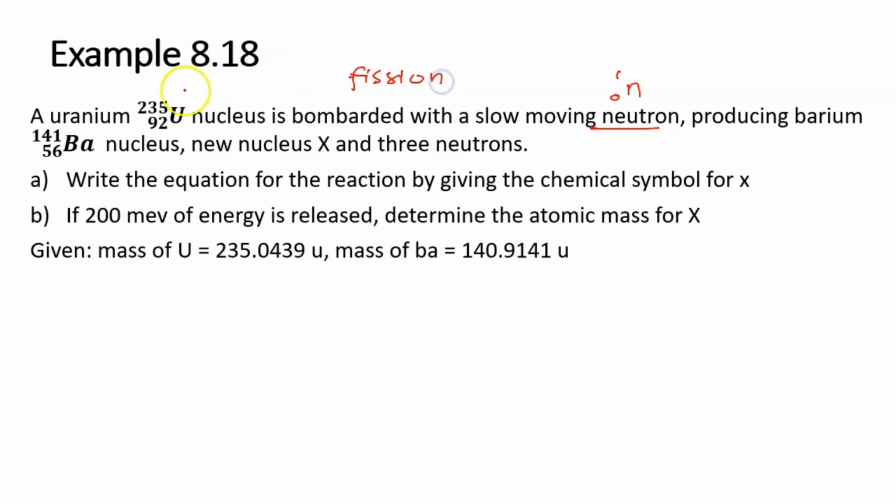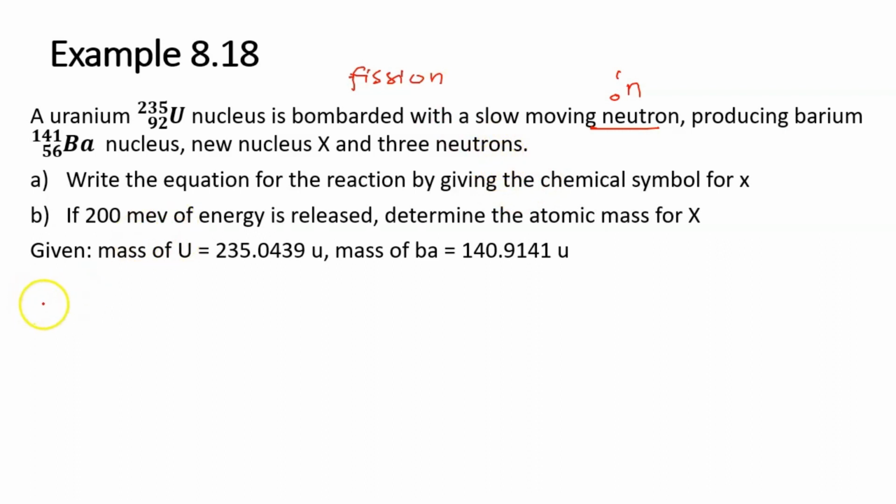Because one heavier nucleus yang besar will bombard, dia akan berlanggar dengan satu neutron particle, and then uranium tu dia akan split into few new elements, and there are some neutrons produced as well.